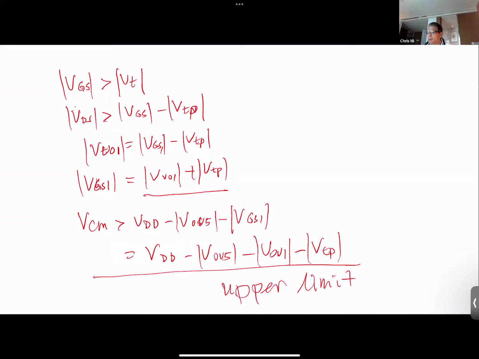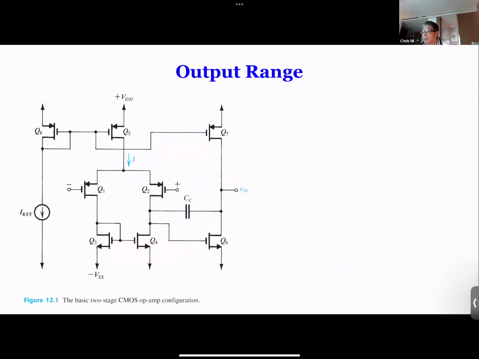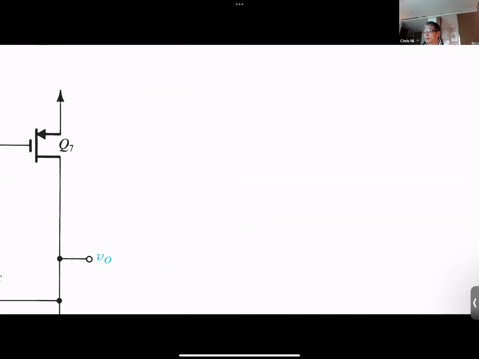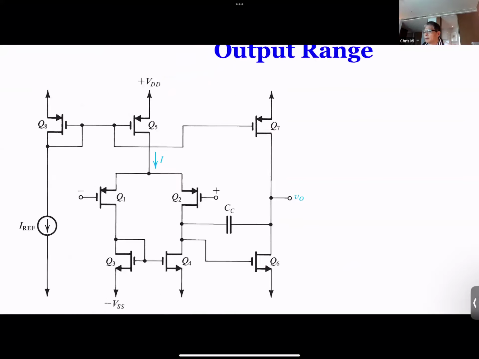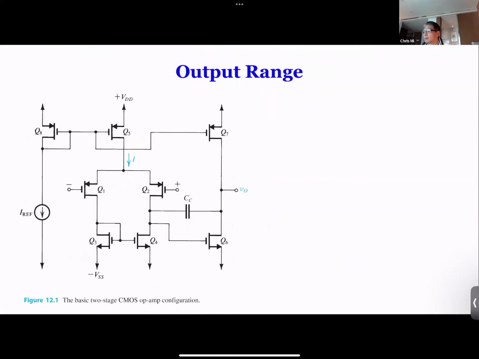The next step is that we want to look at the lower limit. For the lower limit, we have to make sure that Q1 and Q2, these two transistors, must be in saturation.